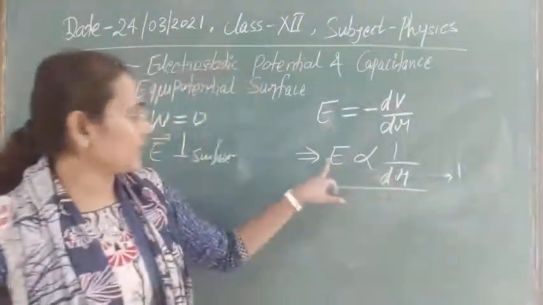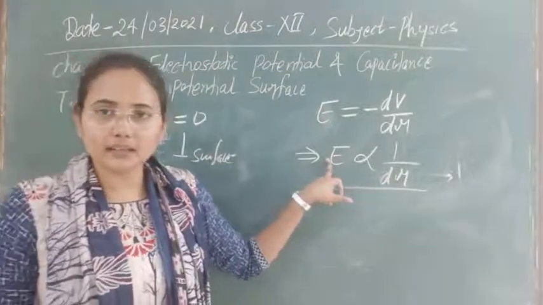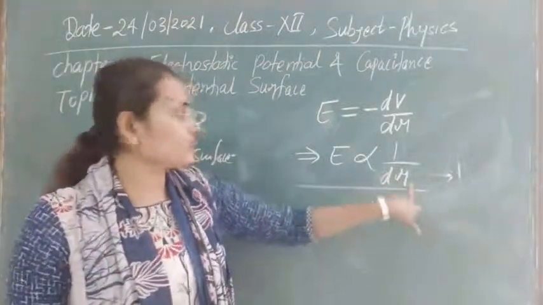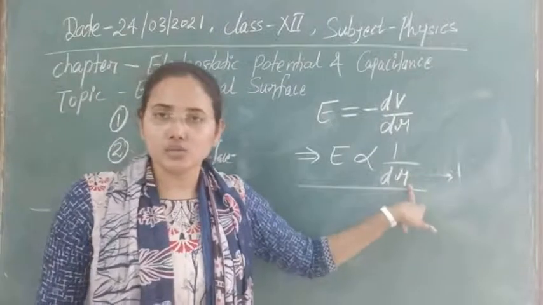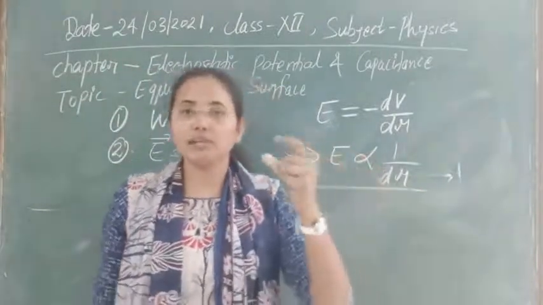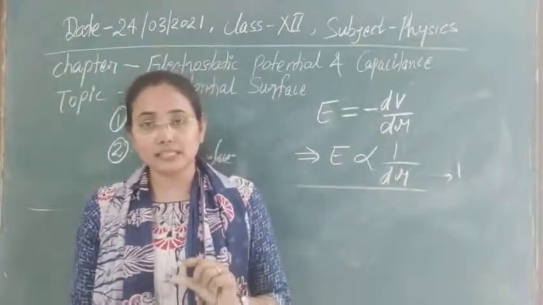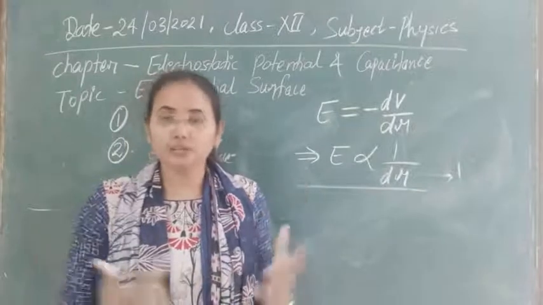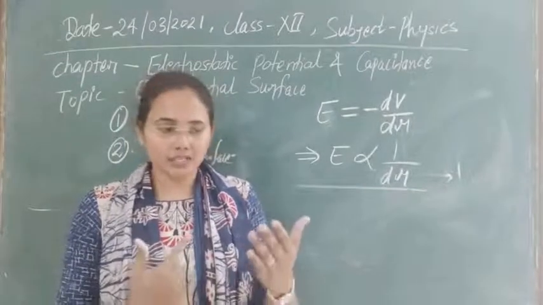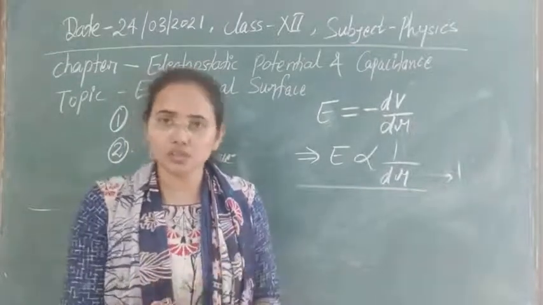So whenever the electric field strength is greater and increasing, this dr will decrease. If dr, the spacing between the equipotential surfaces, is decreasing, then they will come closer to each other.